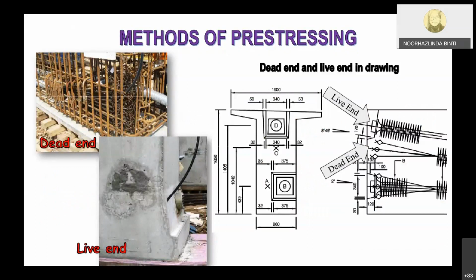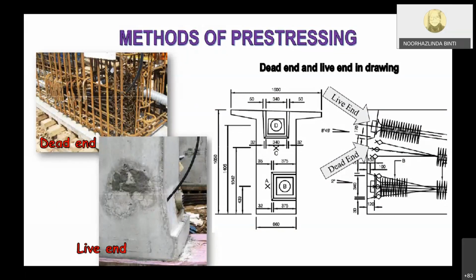And the end of the tendon in post-tension is quite different from pre-tension. There are two ways: either we make it a dead end or we make it a live end. Dead end like this means that this is the end of the post-tension of the tendon.